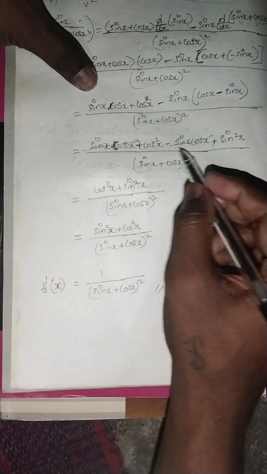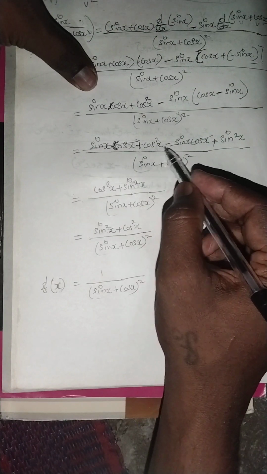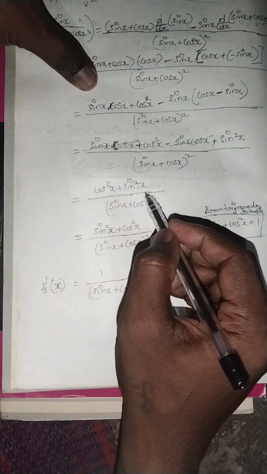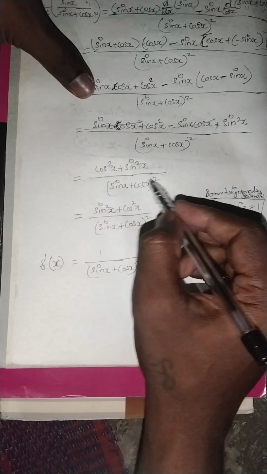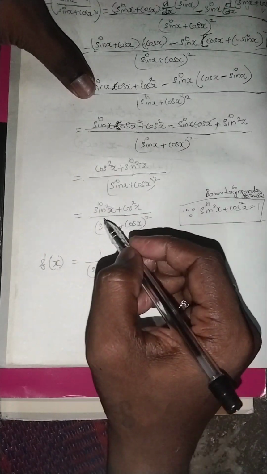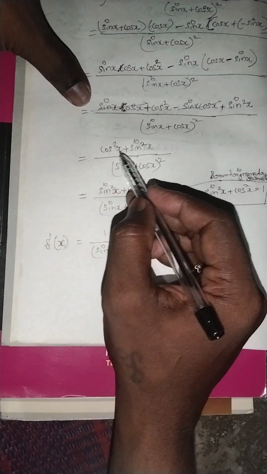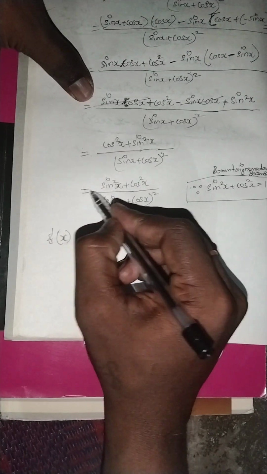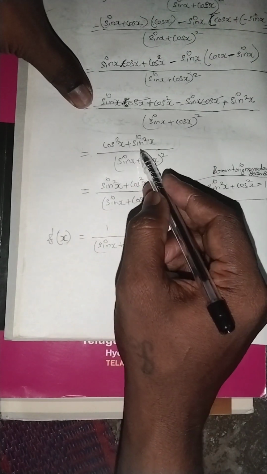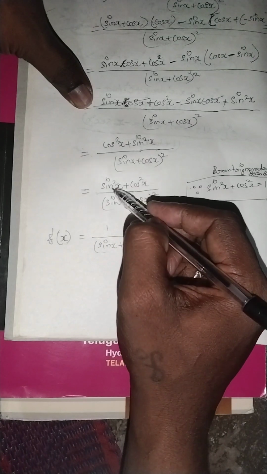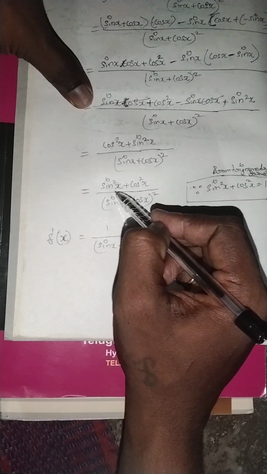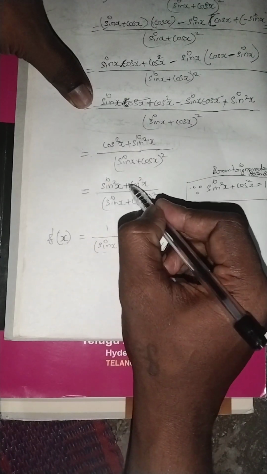Then remaining cos square x plus sin square x. I write down here by sin x plus cos x whole square equal to sin square x plus cos square x. I write here sin square x first, plus cos square x.